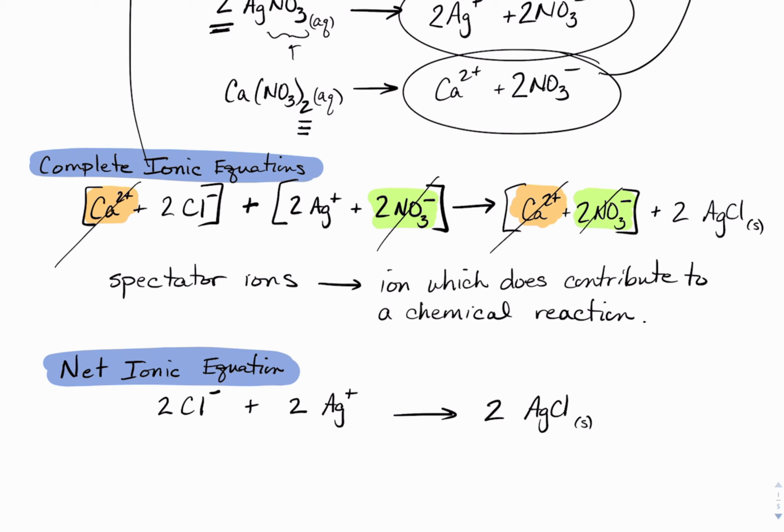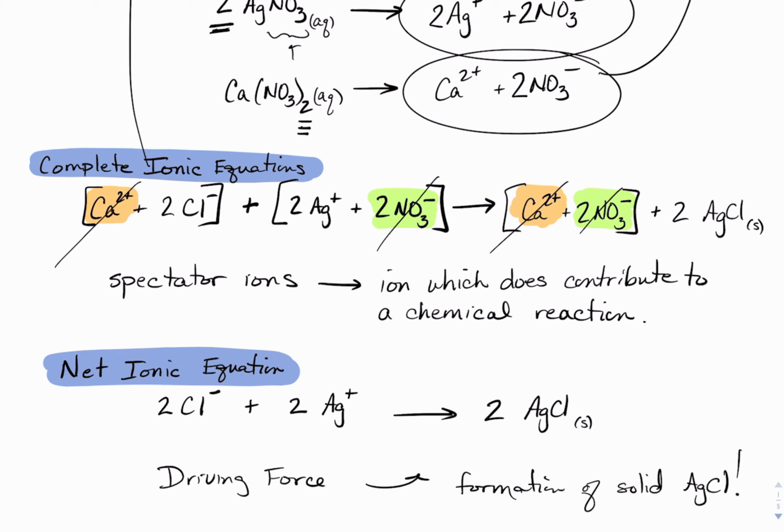We can determine what's called the driving force of the reaction. And for this particular one, it's the formation of solid silver chloride. Okay, so that's how you write a net ionic equation.